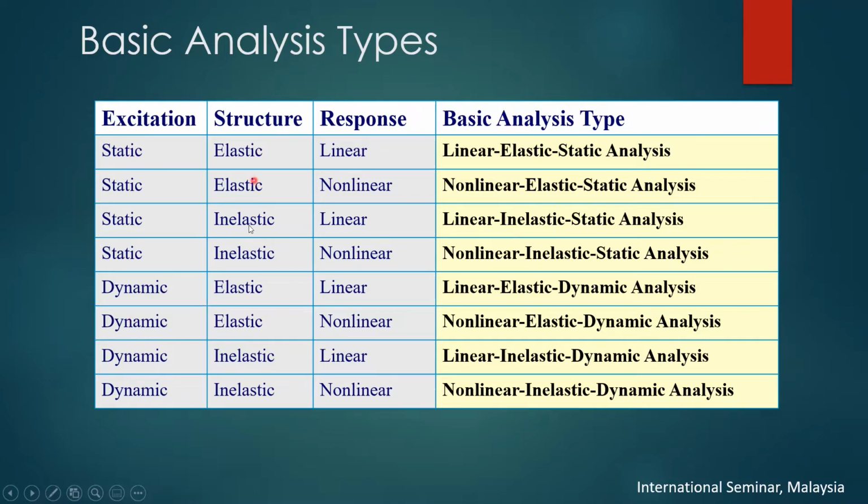We have elastic, inelastic. We have linear, we have nonlinear. So maybe you will find the response is linear elastic. It can be linear elastic, nonlinear elastic, linear inelastic, nonlinear inelastic. So this is a combination.